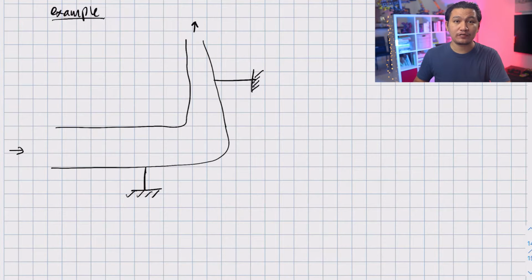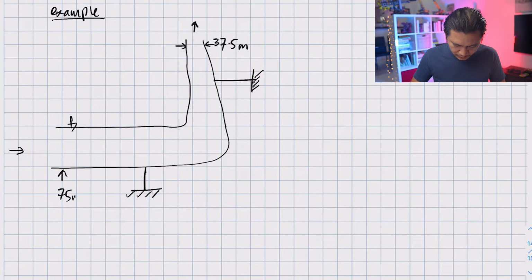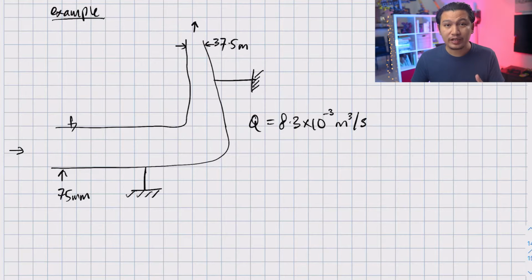The information given to us is that this is a 37.5 millimeter diameter exit, and at the inlet you have a 75 millimeter diameter pipe, and the flow rate of the fluid inside this pipe is Q equal to 8.3 times 10 to the power of minus 3 meter cube per second. The question asks you to calculate the force acting on the supporting rods.